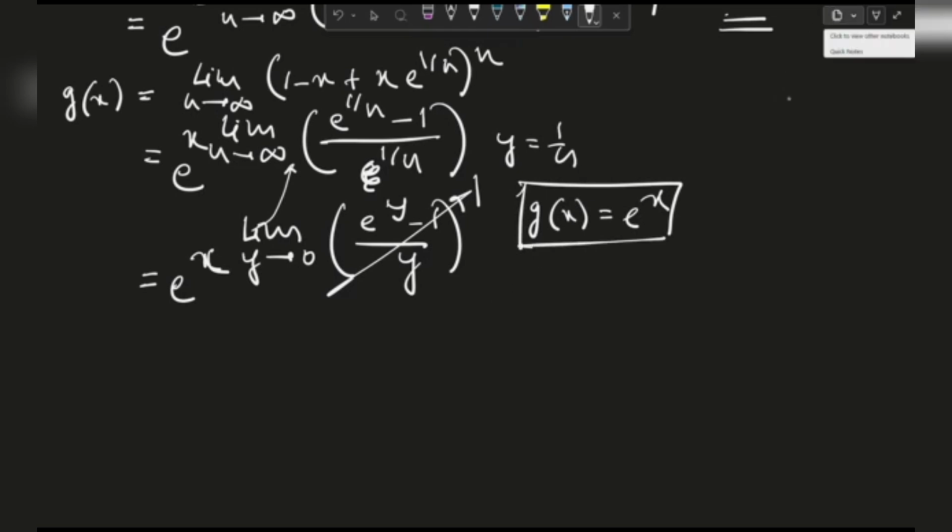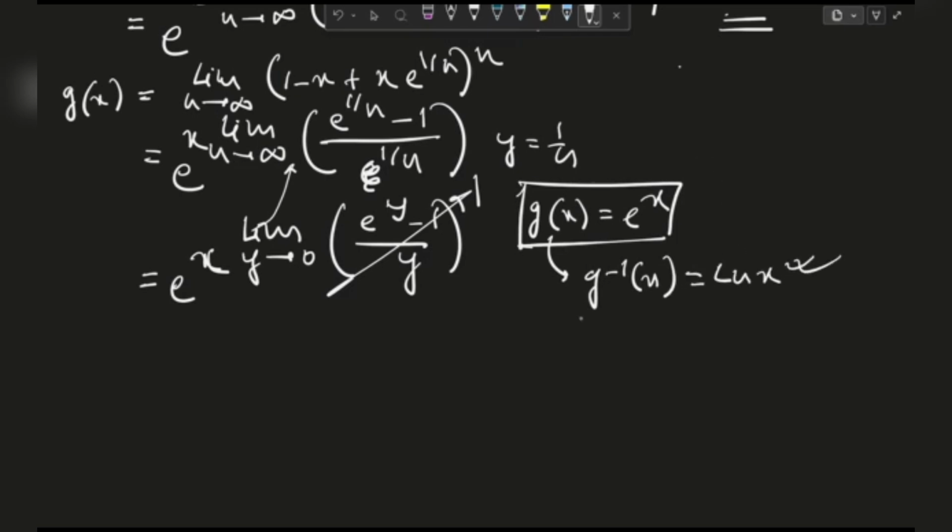So we had to find out tan of g inverse of f inverse x. For that, we first need to ascertain both g inverse as well as f inverse x. g inverse x is pretty easy to ascertain. It is nothing but ln x. And we also need to ascertain f inverse x. So first I will take y as e power minus x by 2.